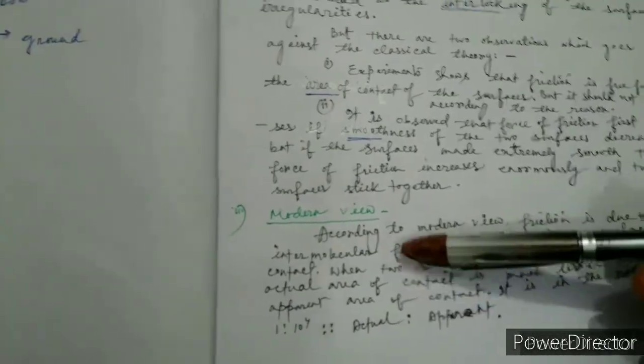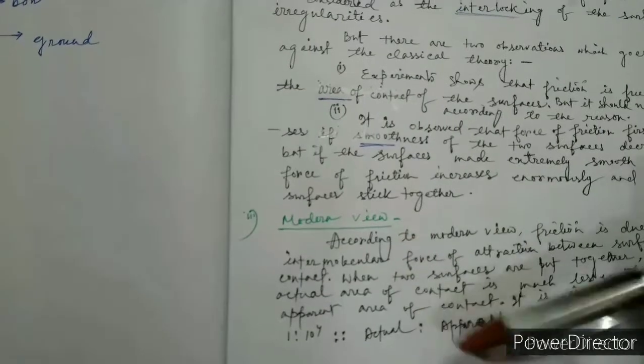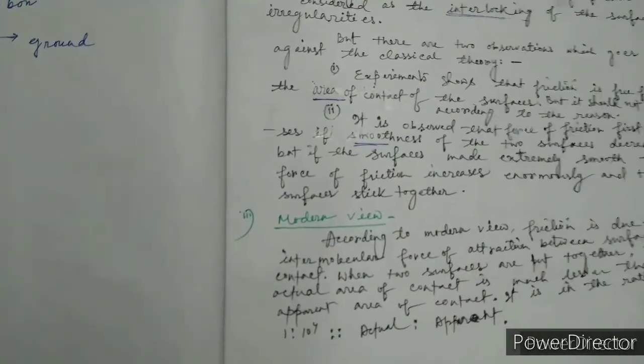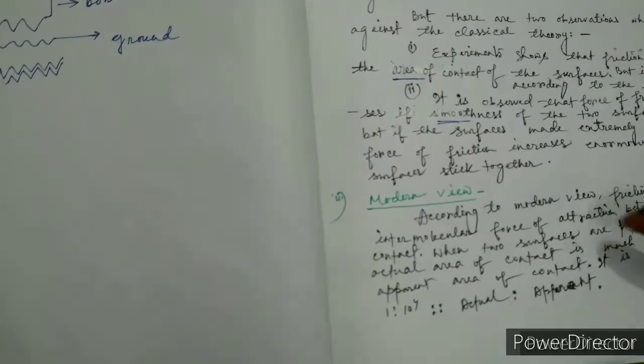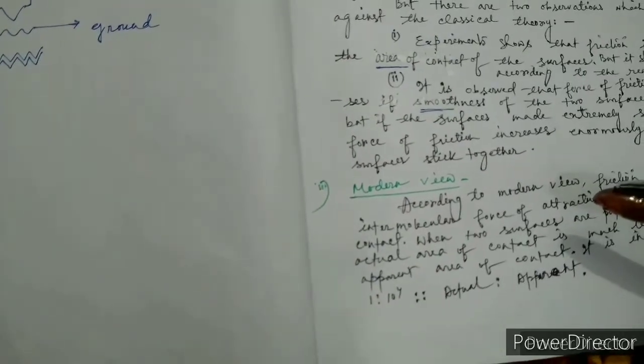What is the modern view? According to the modern view, what is the cause of friction? Friction is because of the intermolecular force of attraction. What is the meaning of the intermolecular force of attraction?